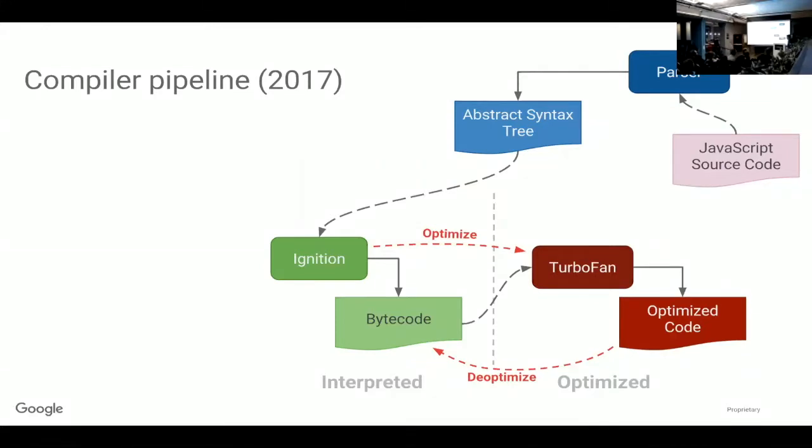Why did they do that? First, they wanted to create predictable optimization. With Crankshaft and TurboFan, the architecture you saw a few slides ago, it wasn't really predictable. Whenever the code saw a try-catch block or a for-in or something like that, there's a long list of things, it de-optimized the code.